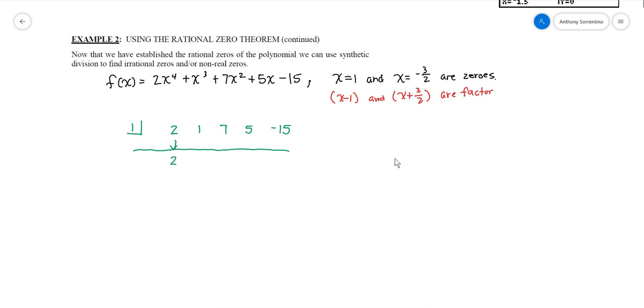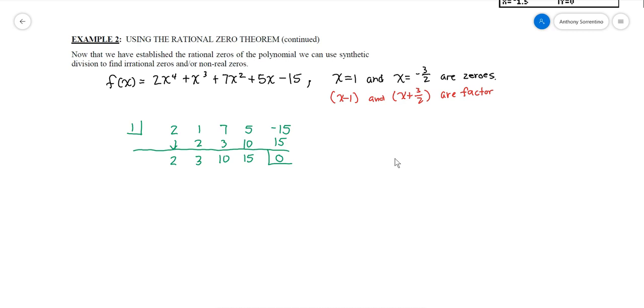So I'm going to bring down the 2, multiply by the 1, I get a 2 here, add, I get 3, multiply by 1, I get 3, add, I get 10, 1 times 10 is 10, add those, I get 15, 1 times 15 is 15, negative 15 plus 15 is 0. Which, that's what I expect it to be.